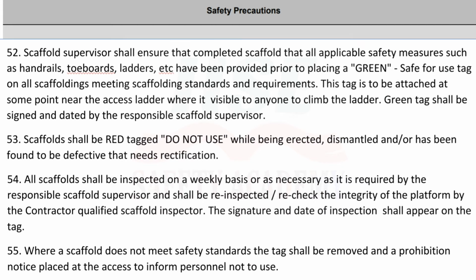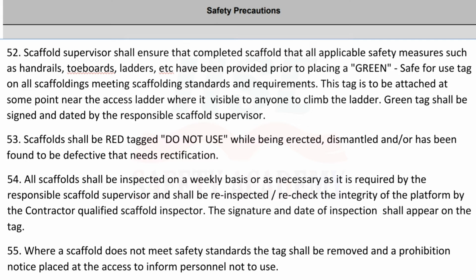52. Scaffold supervisor shall ensure that completed scaffold has all applicable safety measures such as handrails, toe boards, ladders, etc. provided prior to placing a green, safe for use tag on all scaffoldings meeting scaffolding standards and requirements. This tag is to be attached at some point near the access ladder where it is visible to anyone to climb the ladder.